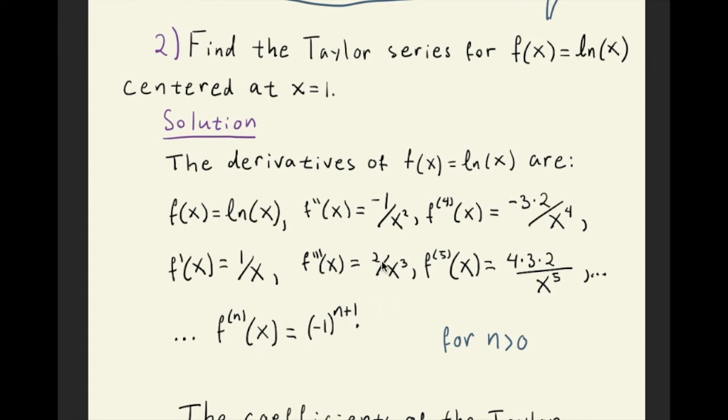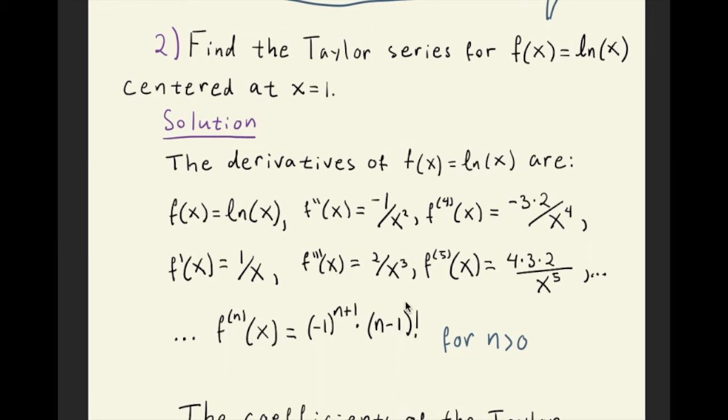Then you see on the numerator, it's always a factorial. This is 2 factorial, 3 factorial, 4 factorial. The number of derivatives here is 5, so it starts at 4. Here it's 4 and it starts at 3. So what you see here is if you took n derivatives, you're going to see an n minus 1 factorial.